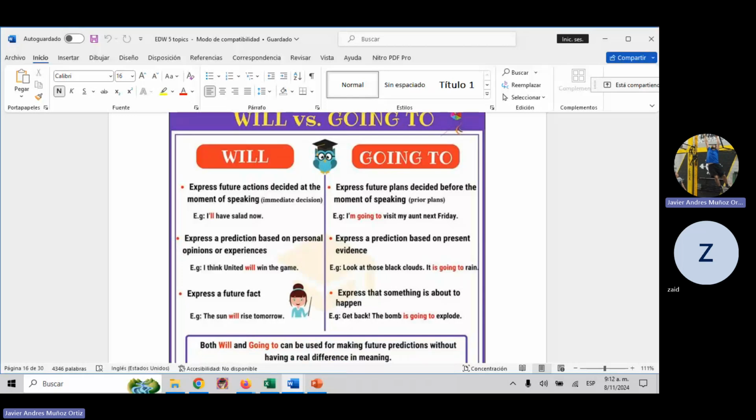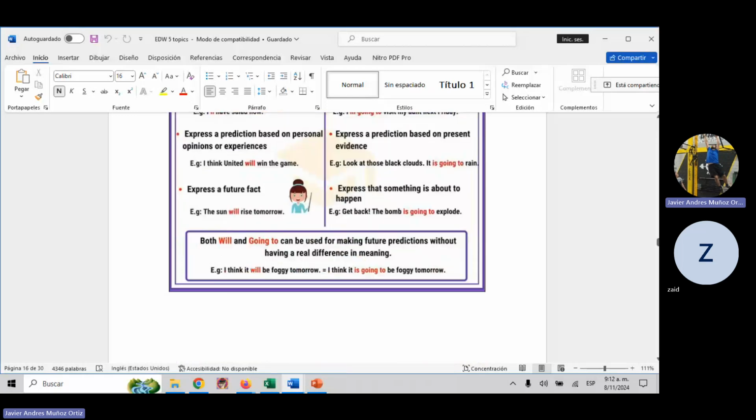So it's very close. It's going to be easy to predict. So we have more probability of success by predicting this future, right? So this is the difference, or the parallel, between will and going to. But in general terms, this is something to take into account if we want to be thorough, we want to be very specific, right?